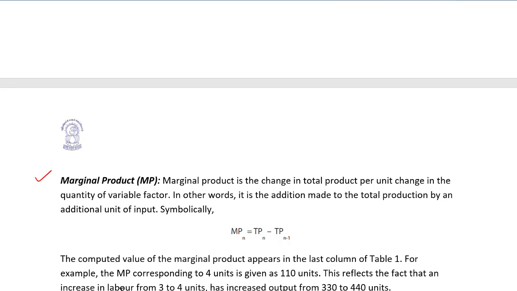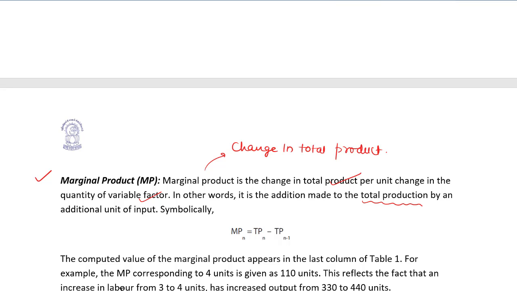Let's see the third aspect, that is marginal product. Marginal product is the change in total product per unit of change in the quantity of variable factor. In other words, it is the addition made to the total product by an additional unit.